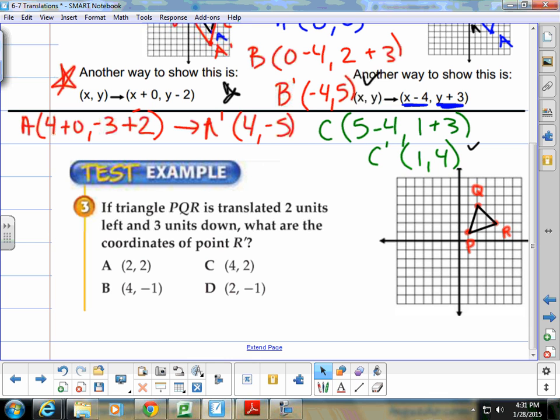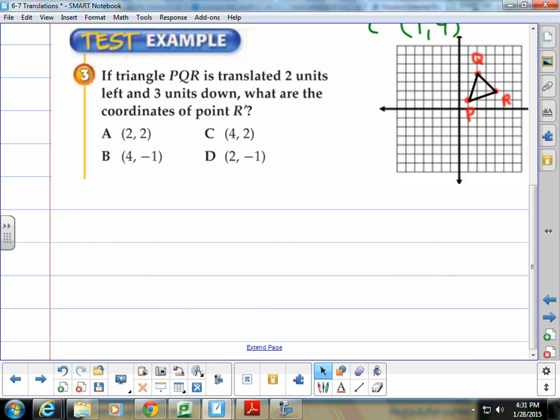All right, little test example, last thing. If triangle PQR shown on the right is translated 2 units left and 3 units up, what are the coordinates for R prime? So you're translating the whole thing. Can you do this really without using the graph is the question. So you have to know 2 units left is a negative 2. 3 units up is a positive 3.